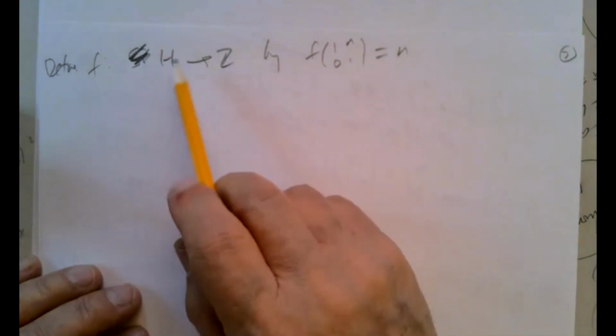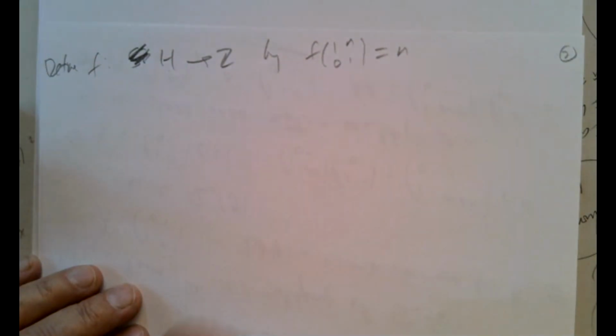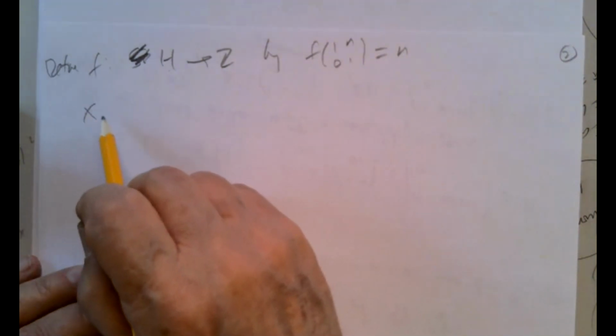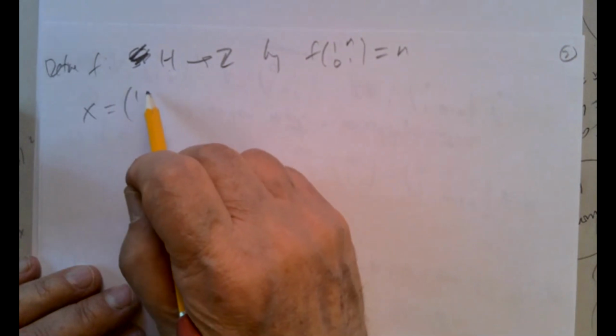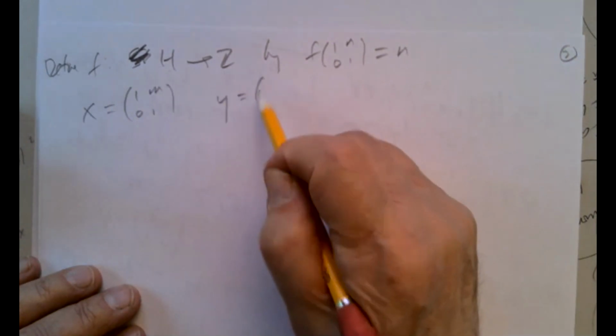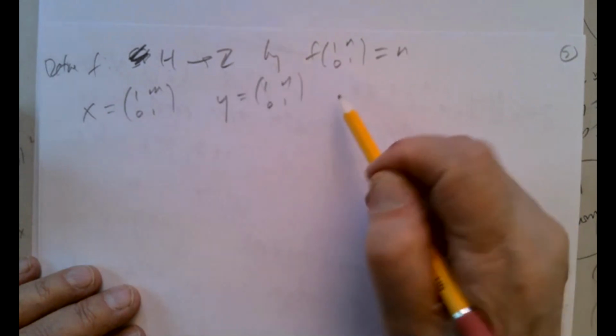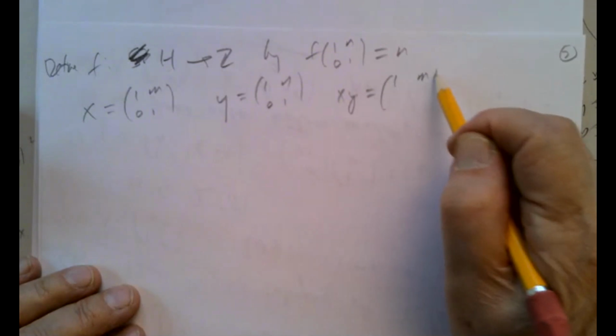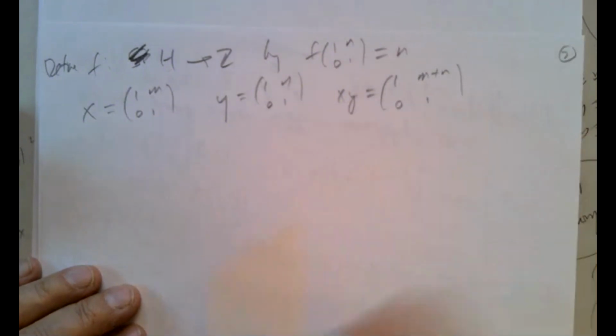So this is a function from H to Z. And if you take two matrices, let me just call them X and Y. 1, m, 0, 1 is X, and 1, n, 0, 1 is Y. And X times Y, when you multiply the two matrices, this is what you get.